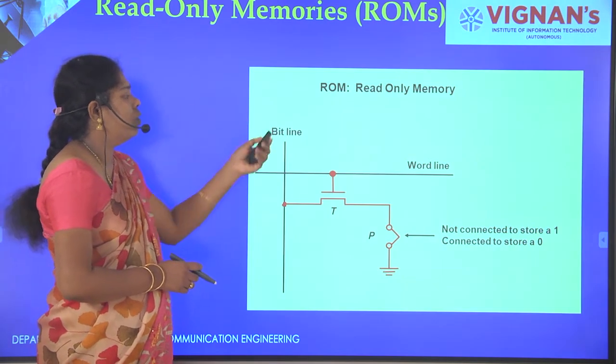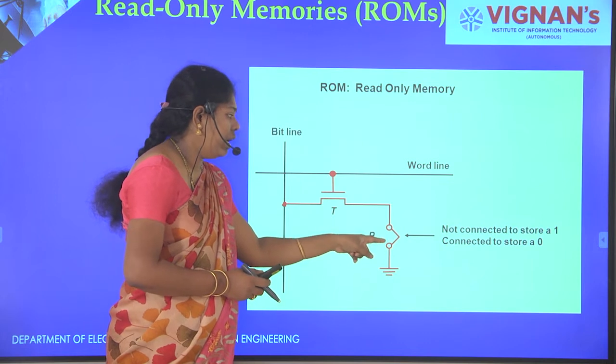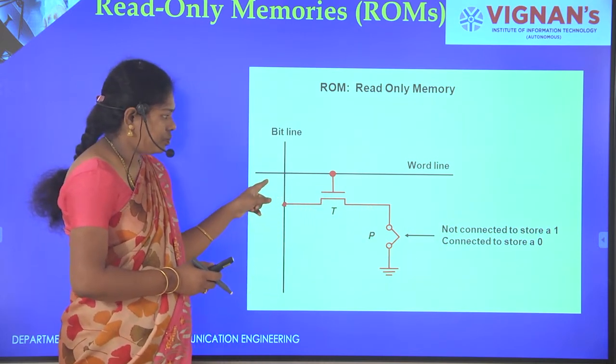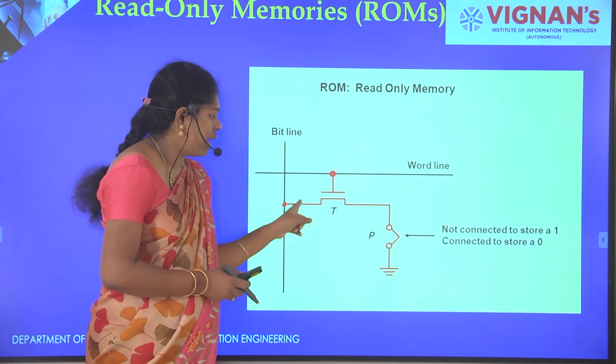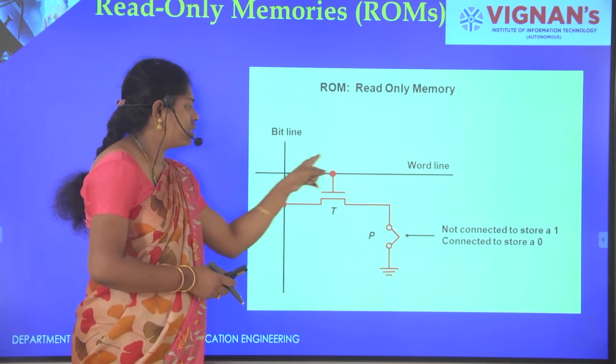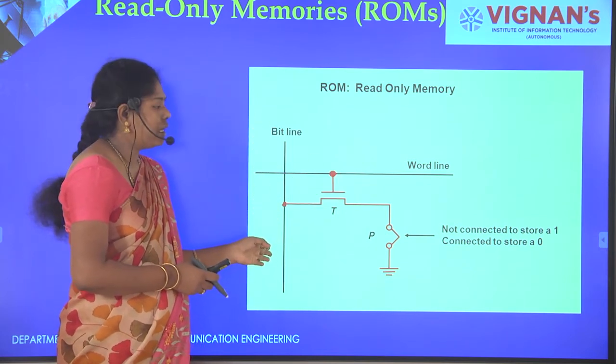Take the read only memory. Here the transistor is connected to a fuse. If the fuse is connected, it will store 0 as it is connected to ground. The transistor input is connected to the word line and it is connected to the bit line.